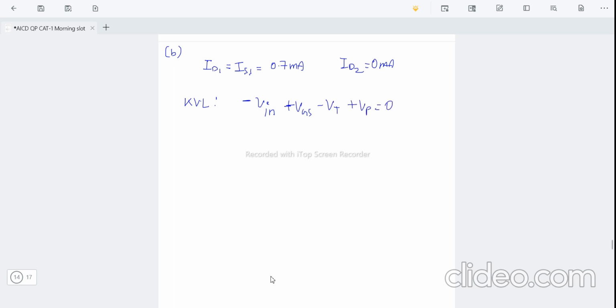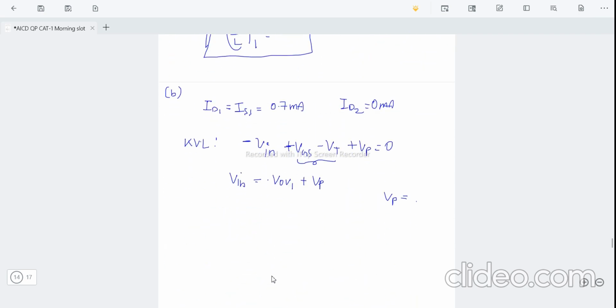So when I write down for Vin, I can call this VGS minus VT the overdrive voltage of MOSFET 1, which is VOV1, plus VP. Now VP, we already know, is the minimum headroom voltage of the cascode current source. So that we got as around 0.8 volts.